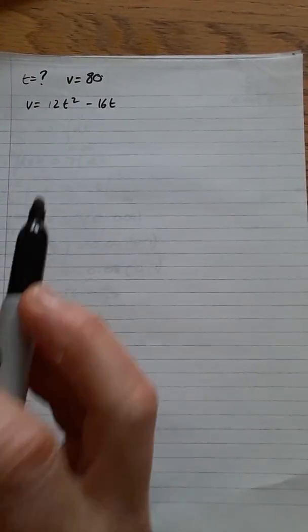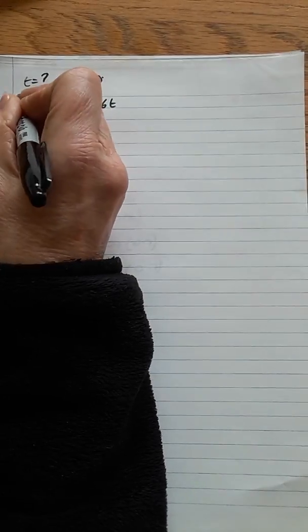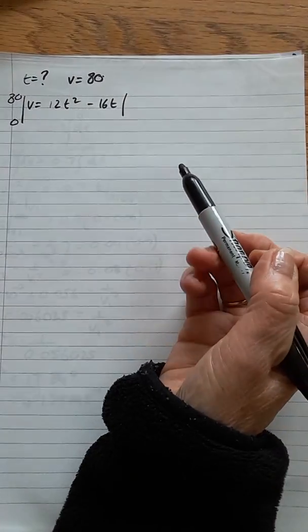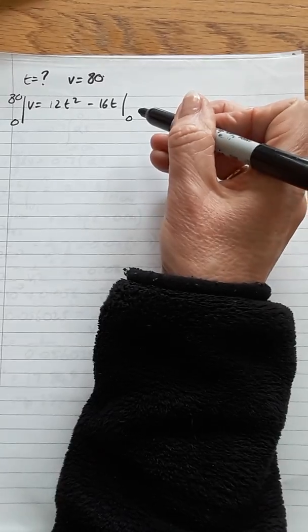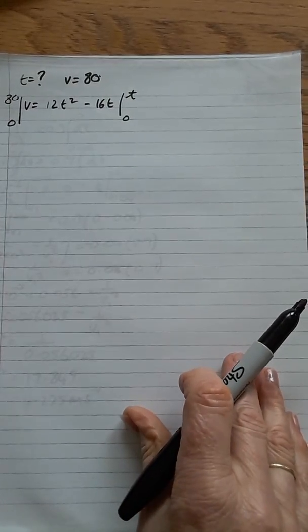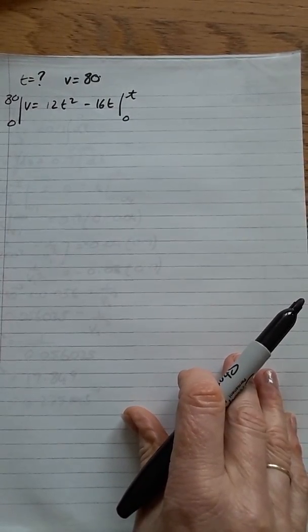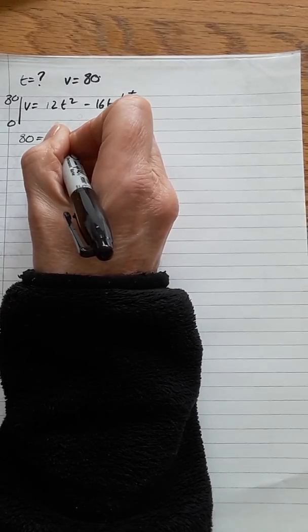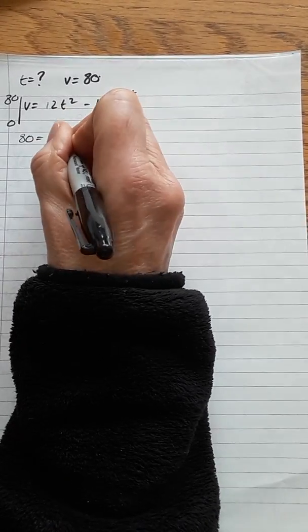Now my limits are, remember, that the velocity started at 0, it's going to go as far as 80, and the time started at 0, and we don't know what time it's going to take for it to get to 80, so we're just changing those limits around a little bit. It's already been integrated, so all I'm doing is putting in the limits. So this becomes 80 is equal to 12t squared minus 16t.